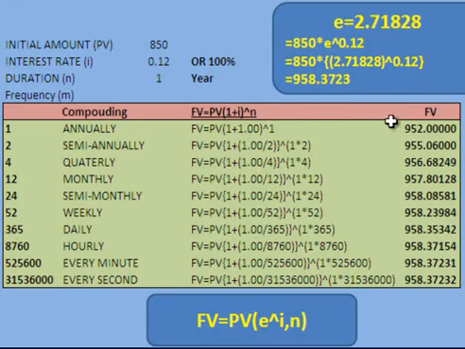This is because we are using a fixed value of exponential constant 2.7182. So this is the idea behind the fixed value of exponential constant, and it is used where interest is compounded continuously.